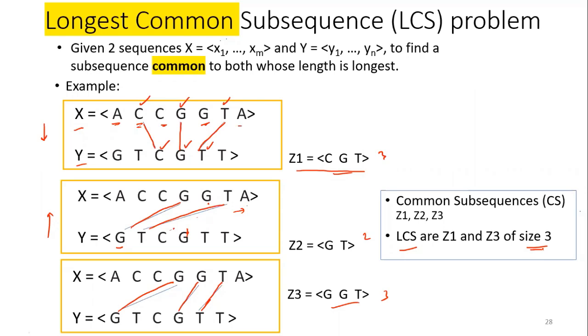So where do we start from? Can DP offer a solution to the LCS problem? Where is our starting point? Yes, Scott.